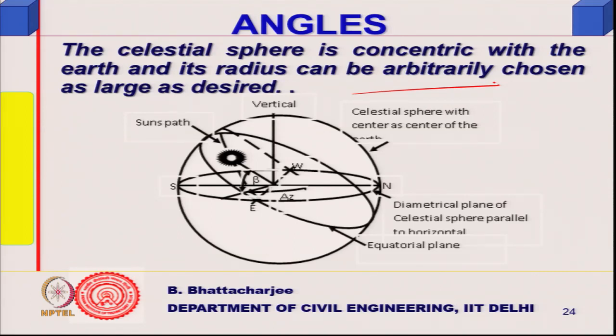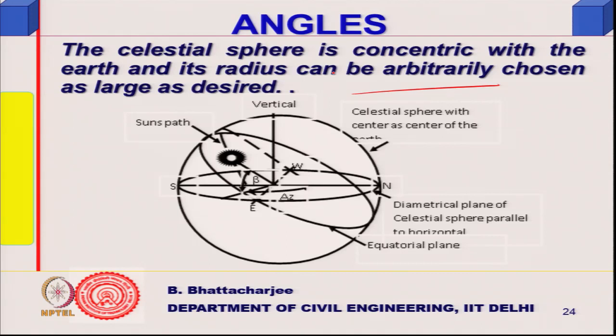I think I did not give you the relationship, or maybe partly I have given you, but if you want to understand that completely, then you have to look into the concepts of spherical trigonometry in a little bit more detail. Now, we define something called a celestial sphere, which is concentric with the earth. A sphere which has the same center as the earth, and its radius can be arbitrarily chosen.